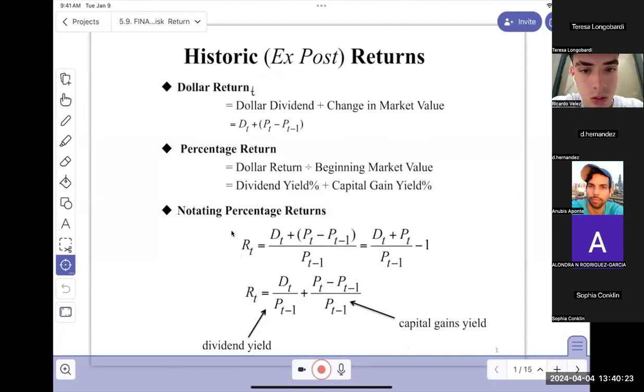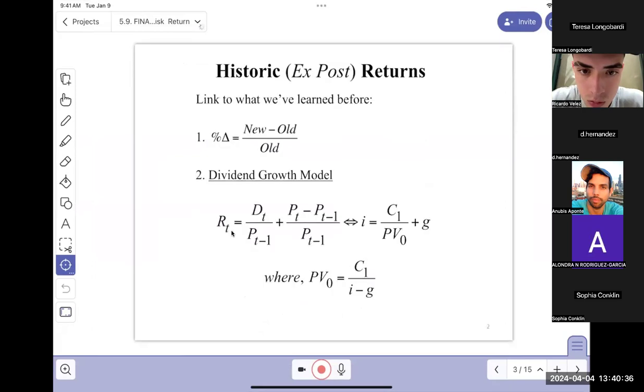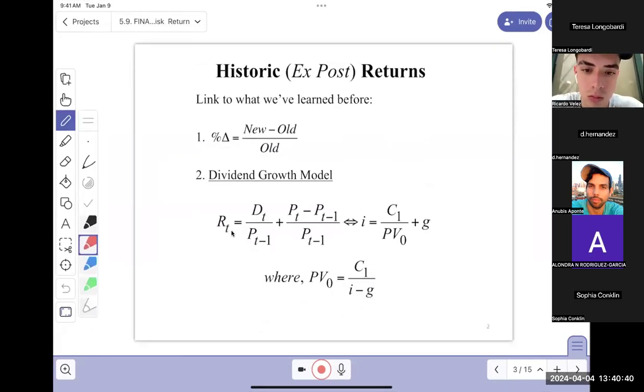It has to be historical data, dividend paying, otherwise this is 0 per period returns. And I showed this example, reminding you that's what we're calculating, one of these at a time. I mentioned that our goal in this unit is to come up with an estimate of the required rate of return for the firm issuing stock.